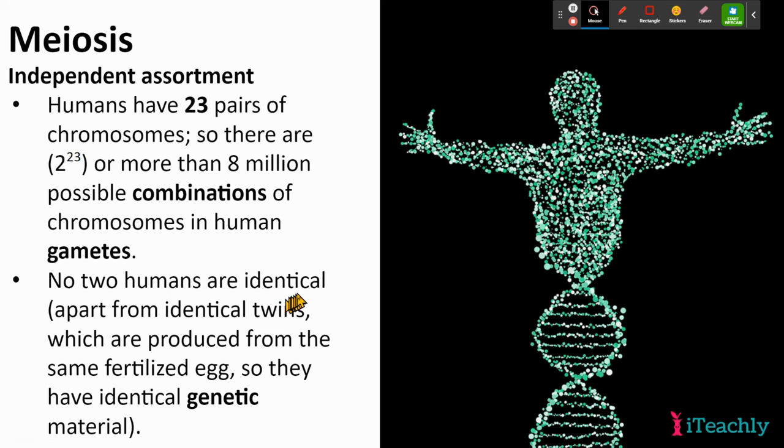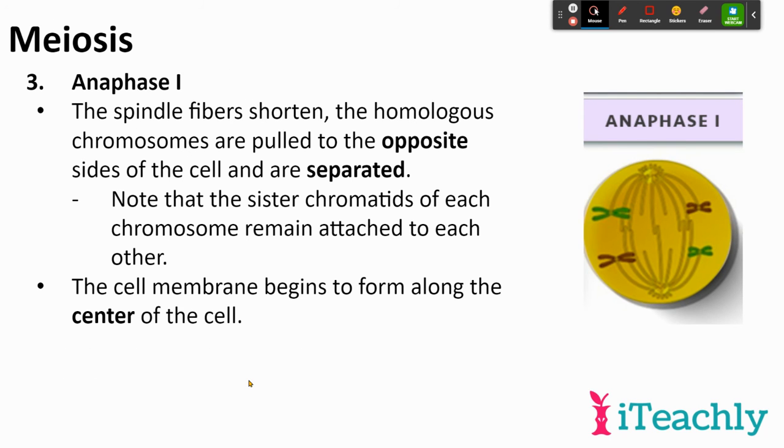Okay, and that's where they say no 2 humans are identical. So the idea of two meiotic events having the same crossover and the same independent assortment is highly unlikely. Highly unlikely.